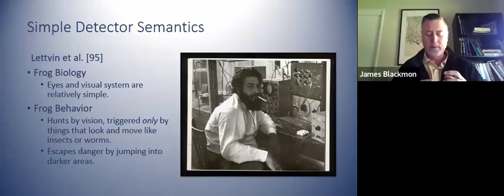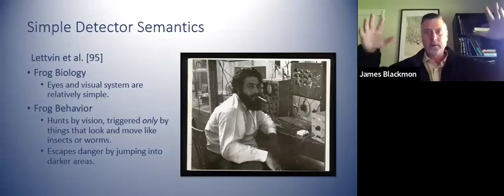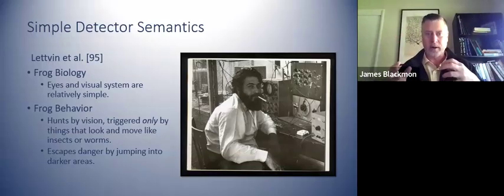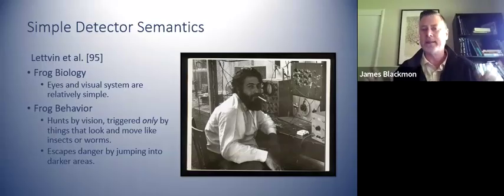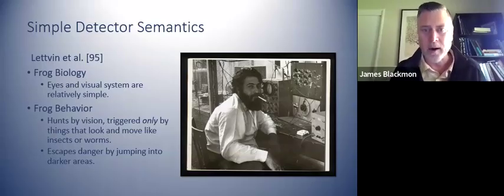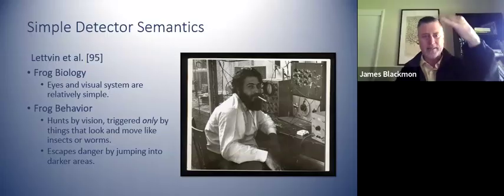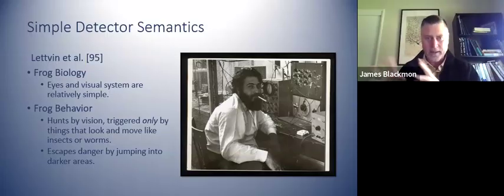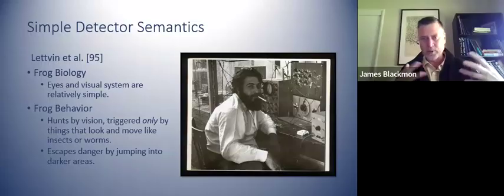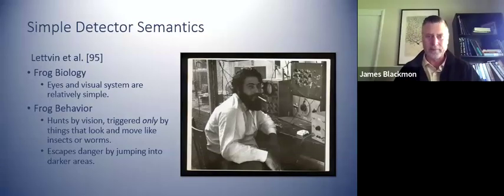If you put a shadow over these frogs and there's a dark area, they'll jump right into that dark area, which is good when you're being hunted by, say, a bird of prey, like an owl or a hawk. So if something passes by overhead, it jumps into a little hidey hole to get away, right? So they're very predictable. Their visual systems must be hooked up to a motor system that's pretty predictable. And they have an awareness of there's a hole I can hide in.